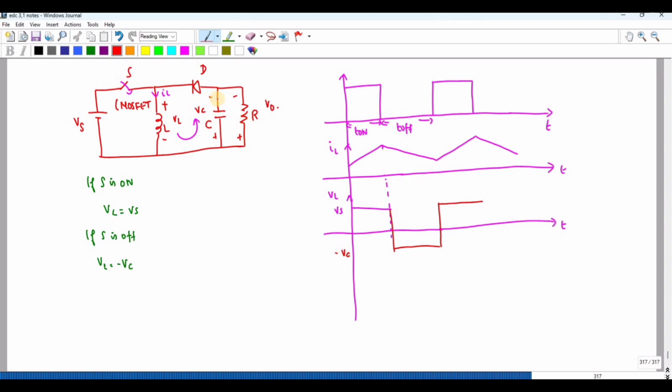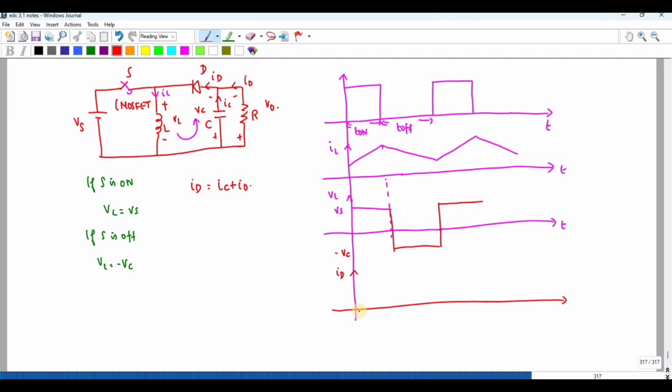This is the current IC, this is the current I naught flowing in this direction, and this is ID. Using Kirchhoff's current law, ID is equal to IC plus I naught. So what is the value of ID? ID is 0 when the switch is closed, right? There is no current flowing through the diode then.